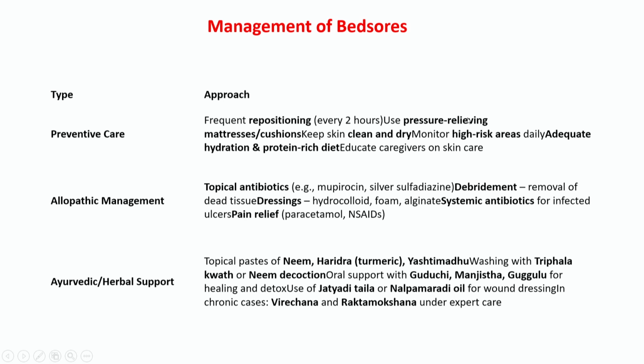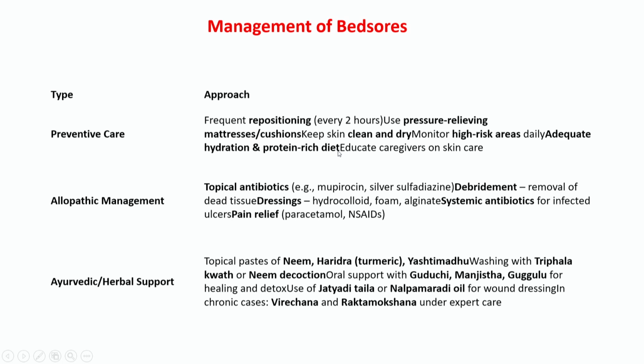Pressure will be relieved, there will be no continuous pressure on that point, which is very important to prevent the pressure wound. Use mattresses and cushions, keep skin clean and dry. Monitor high-risk areas daily. If a patient is bedridden, the mattress and cushions should be kept dry and clean. Hydration and a protein-rich diet should be given.